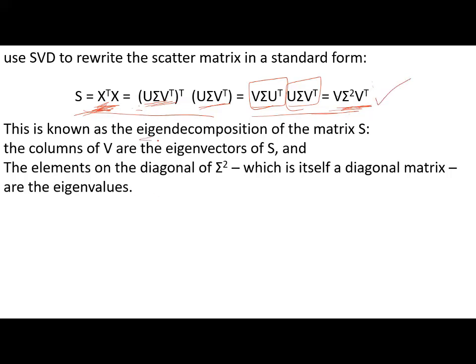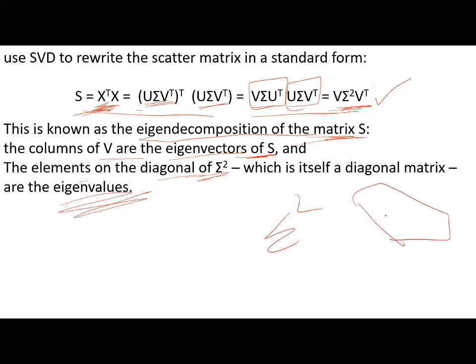This is known as the eigen decomposition of the matrix S. The columns of V are eigenvectors of S, and the elements of the diagonal sigma square are the eigenvalues. Sigma square are the eigenvalues, and V are the eigenvectors.